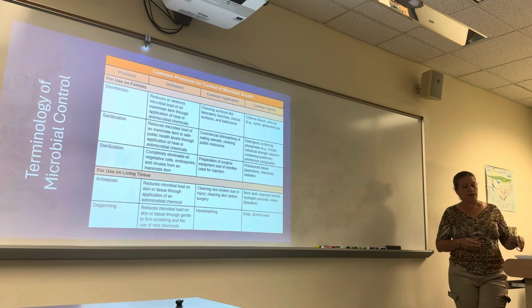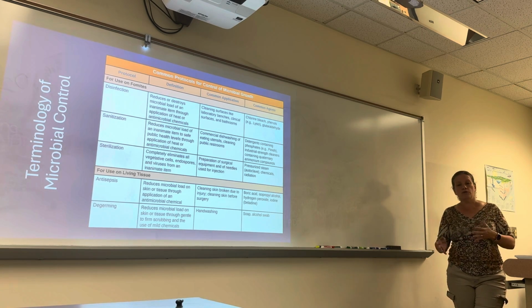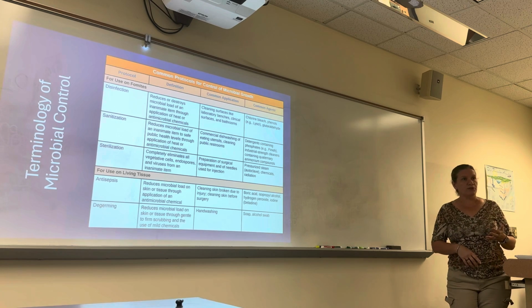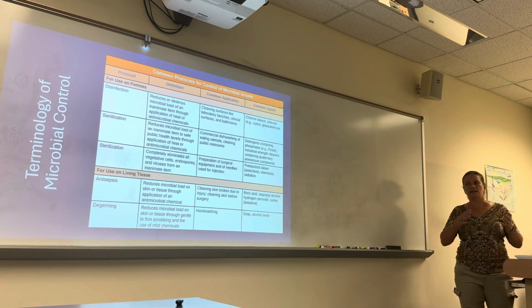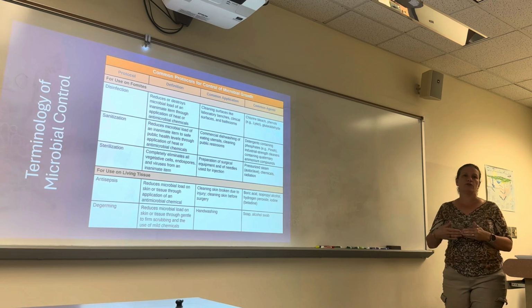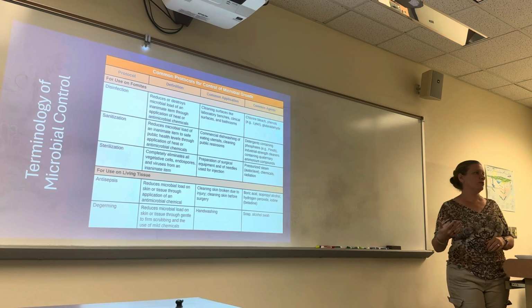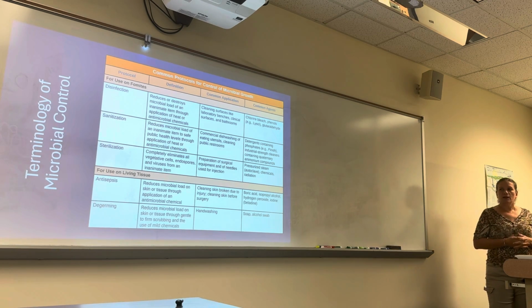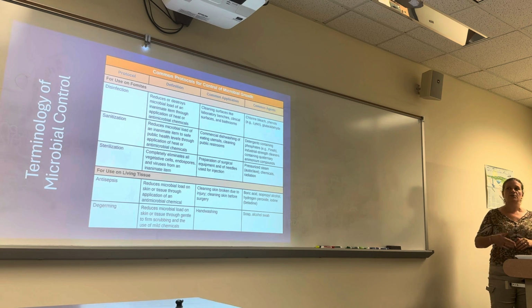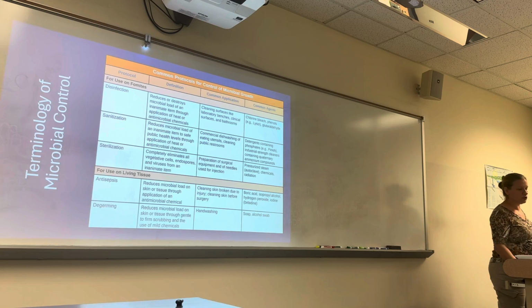What they do is they remove dirt and oils through a mechanical process, and with the removal of the dirt and oils, you are also removing the microorganisms. Okay, so it is a separate process as compared to, say, antisepsis or disinfection or sterilization.